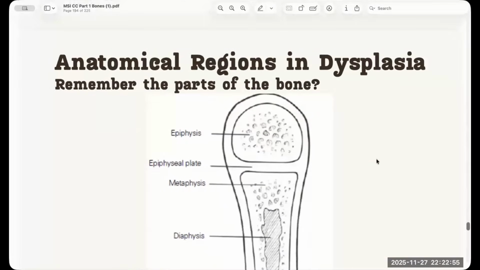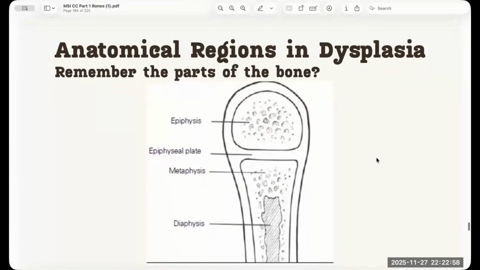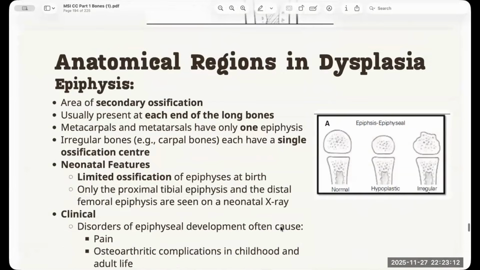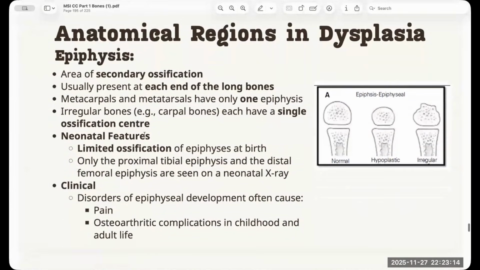Okay. The anatomical regions of dysplasia is basically just the basic anatomy of the bone that we talked about above. Remember it? So it's the epiphysis, the epiphyseal plate, metaphysis, and diaphysis. In the epiphysis, there are areas of secondary ossification, usually present at each end of the long bones, and the metacarpals and metatarsals have one epiphysis.